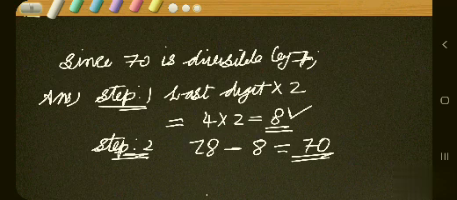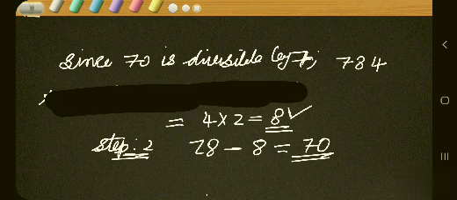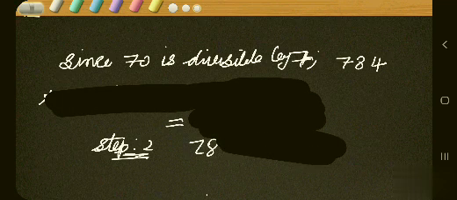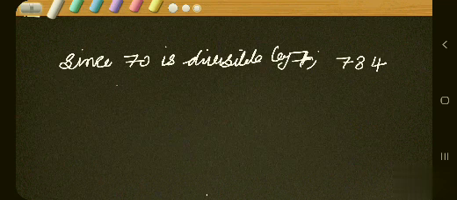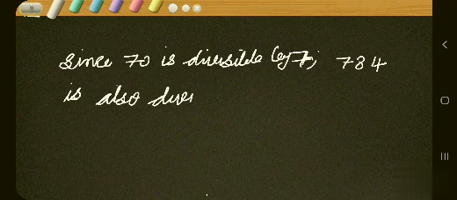Yes, 784 is also divisible by 7. Have you understood? Yes. The given number 784 is also divisible by 7. Okay?